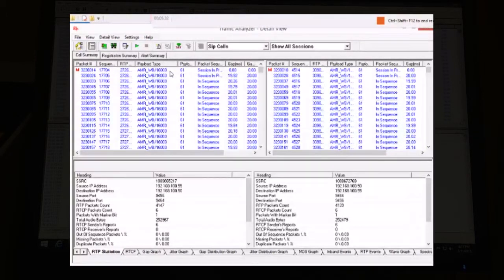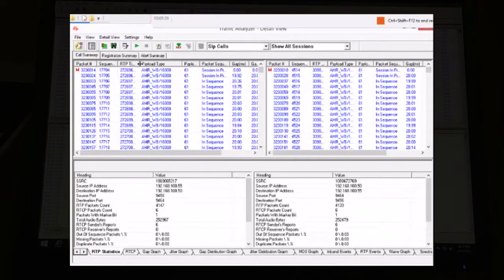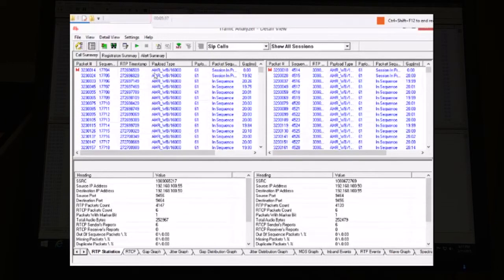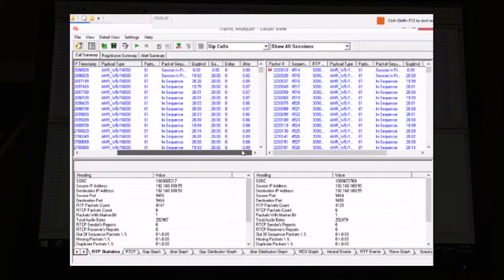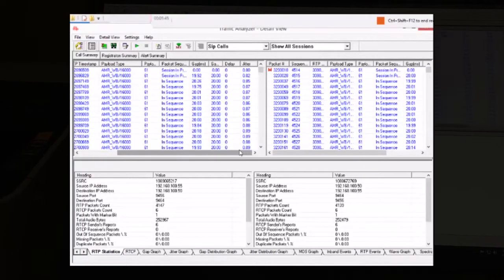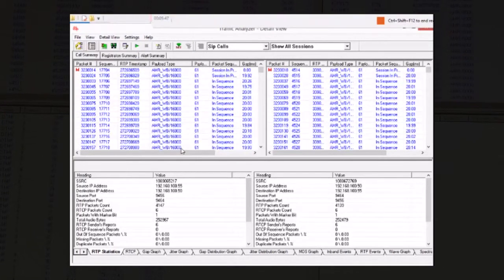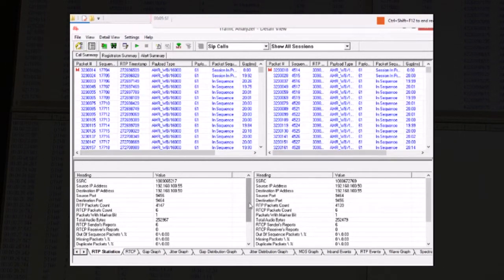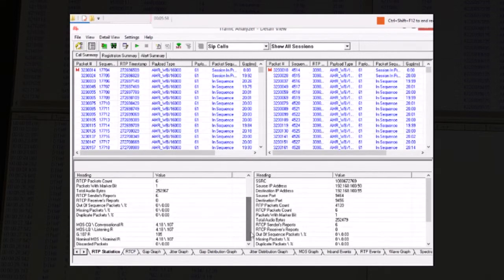For this particular call, it's AMR. Every 20 milliseconds, a packet is transmitted. Right. So those are the DTMF digits, and it looks like we can actually send DTMF digits in narrowband AMR. It's able to decode some of the digits here.